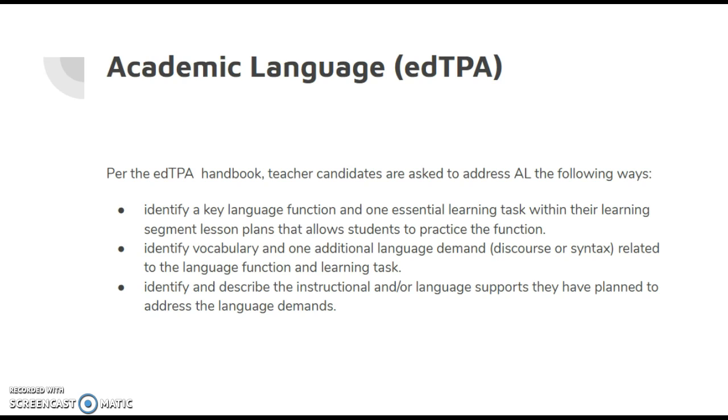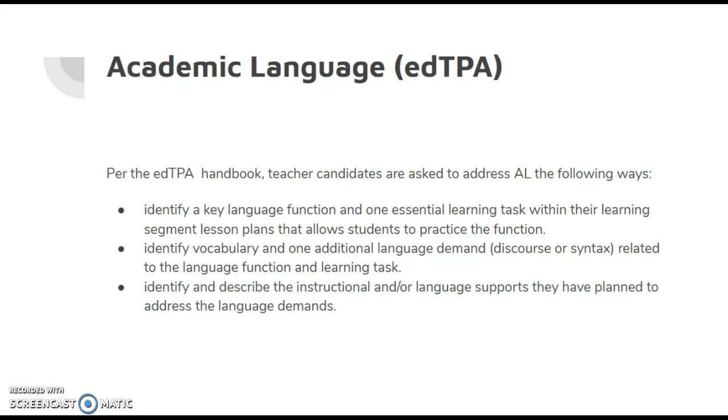Furthermore, from the EdTPA handbook, teacher candidates are asked to address academic language in the following ways, as our 3SB lesson plan does very well and in detail. First is to identify a key language function and one essential learning task within their learning segment lesson plans that allows students to practice the function.